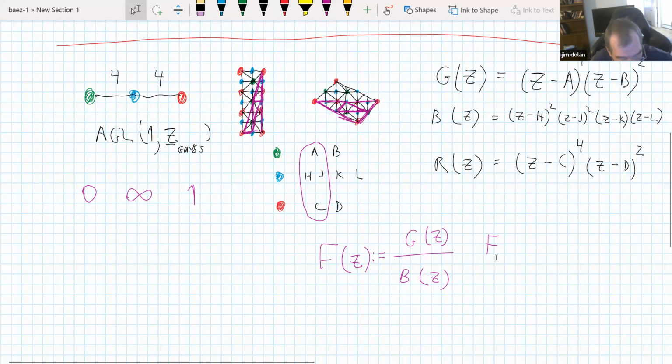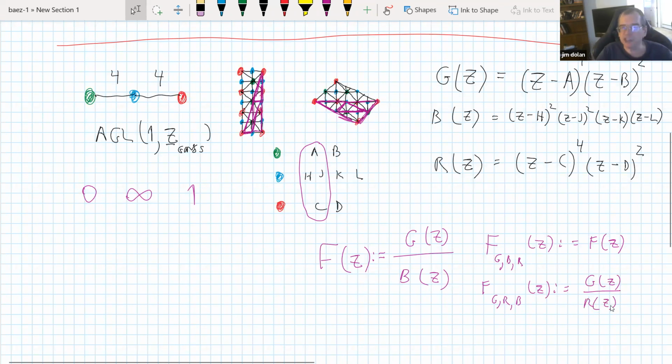F of GBR is just defined to be f. But if I do it in some other order, let's say GRB, for example, then this one is defined to be G of Z over R of Z.